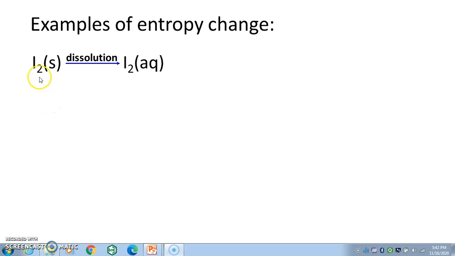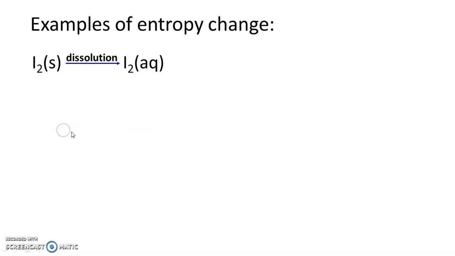When solid iodine is dissolved in water to get an aqueous iodine solution, there is an increase in entropy because a solid is converted into its solution. A solid is dissolved in a solvent to get a solution. So for the initial state, molecular iodine, suppose entropy is S1, and when it is dissolved in water, its entropy is S2.